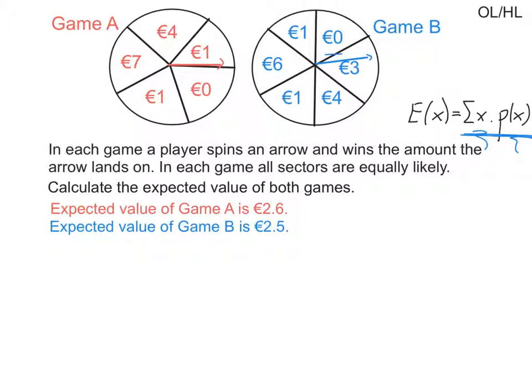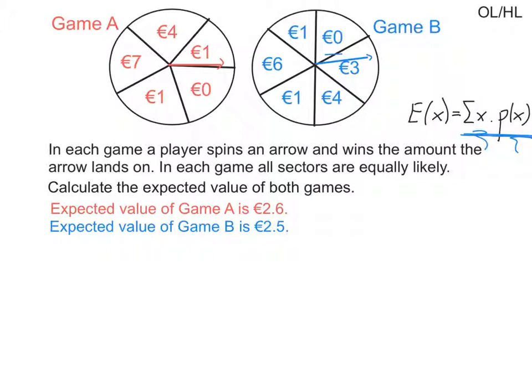Now we have the expected value of game A and game B. A couple of questions about these expected values. If it costs €3 to play one of these games, would you play game A or game B, or no game?